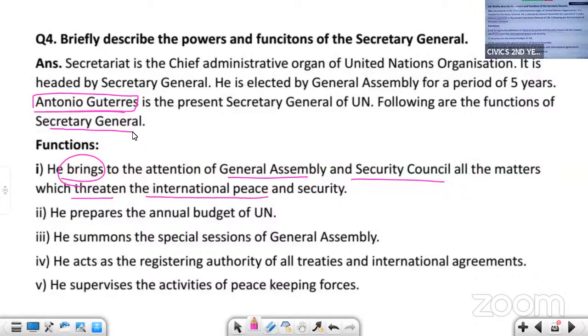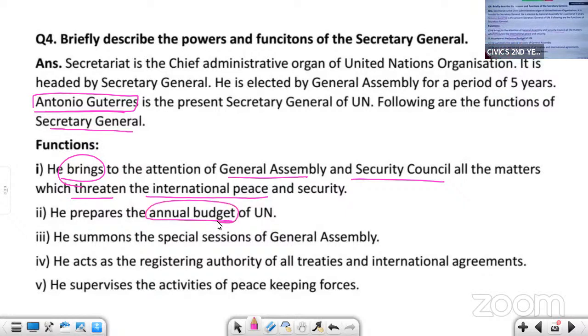Then he prepares the annual budget of UNO. I told you UNO has its own budget. That budget is prepared by the Secretary General and it is approved by the General Assembly. So the Secretary General is the administrative head, right?